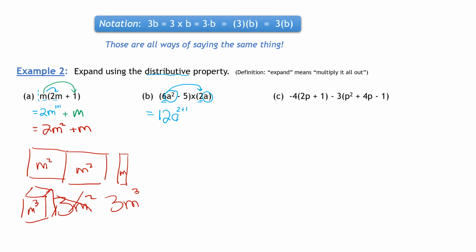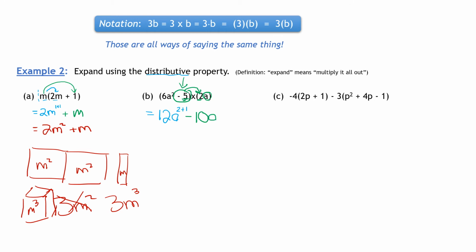Now let's do the next part. Now I take the -5, and I have to distribute that into this bracket. Let me erase some of the blue here so you can see. -5 times 2a, okay, numbers times numbers, so that's -5 times 2, that's going to be a -10, and then letters times letters. I have an a here, I don't have an a in my first piece, so I just have a single a.